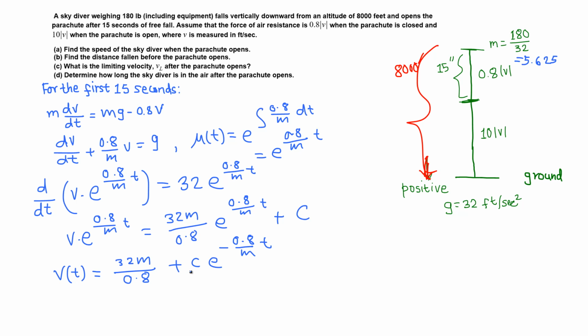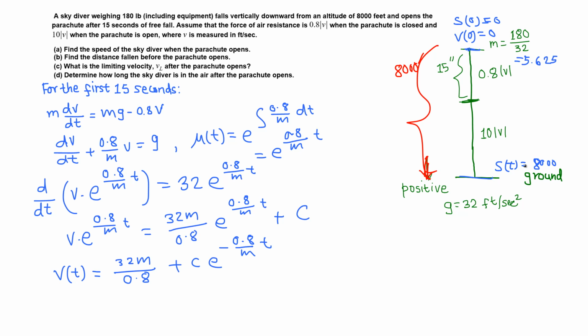Now to find this constant c, we use the initial values. The initial velocity was 0, since the diver was just dropped, so v at 0 equals 0, and our position s at 0 is also 0. We take this height as the initial height, 0, and at the ground, s(t) equals 8,000.